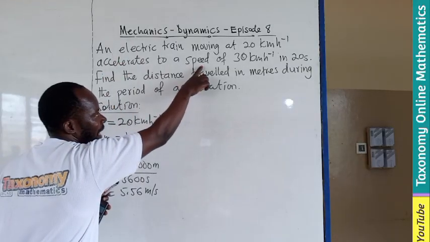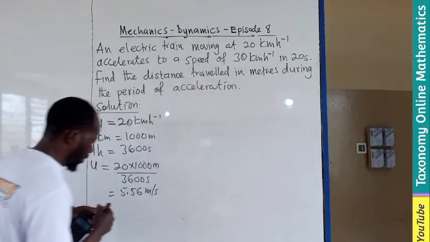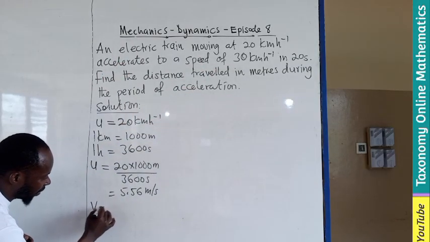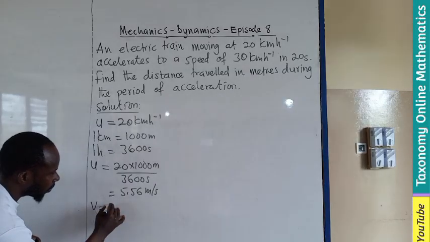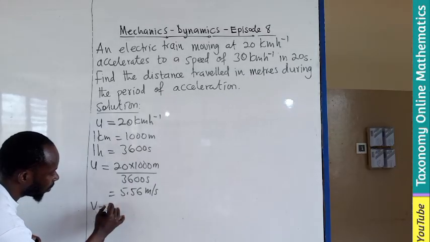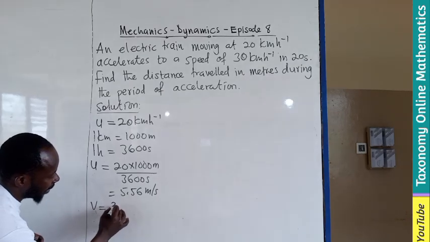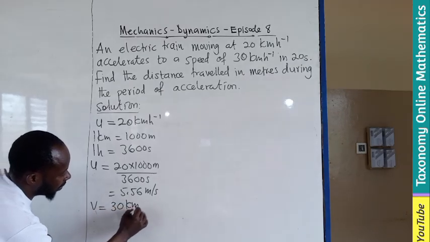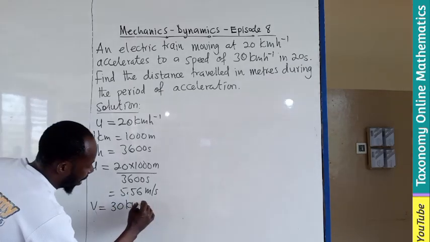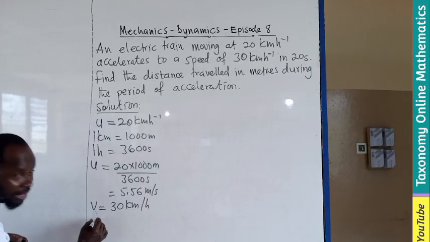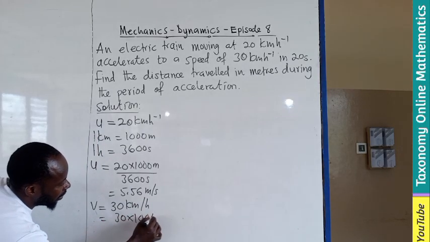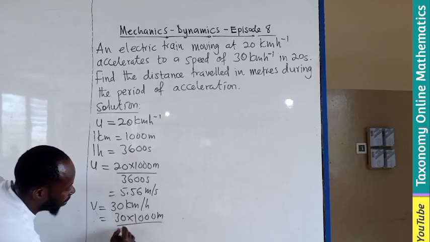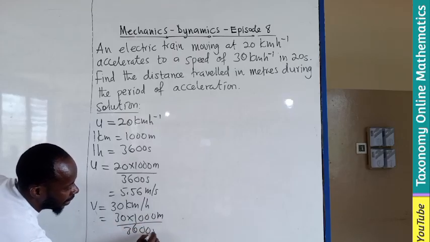Accelerate to another velocity, meaning final velocity of 30 kilometers per hour, which will now become 30 times 1,000 meters divided by 3,600 seconds.